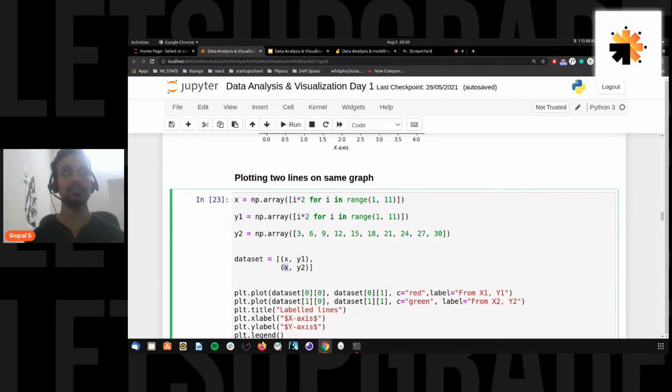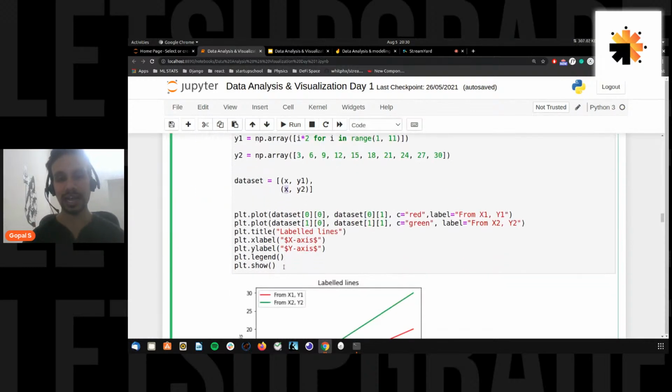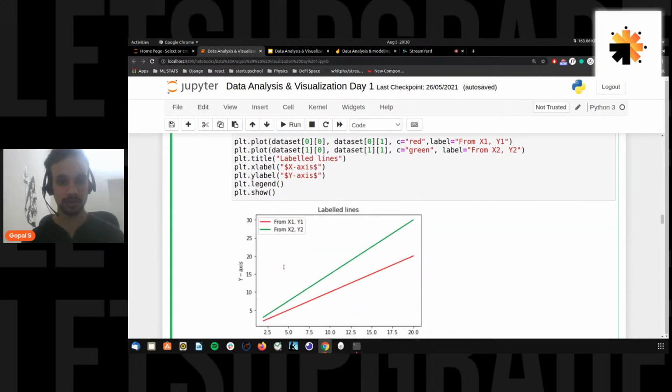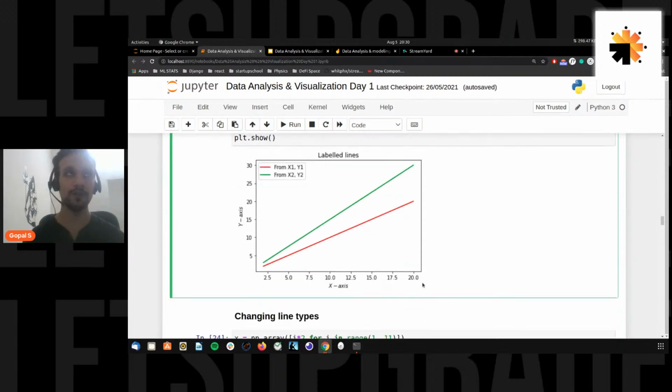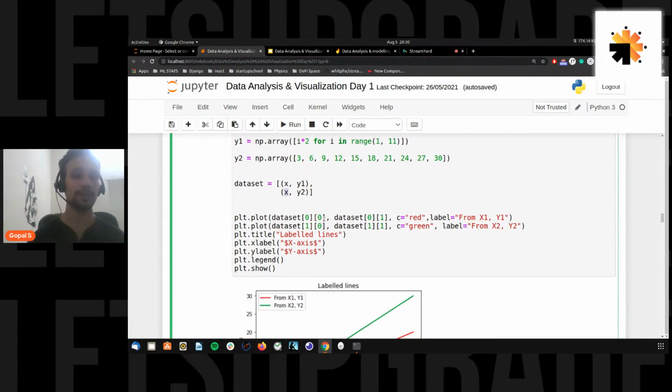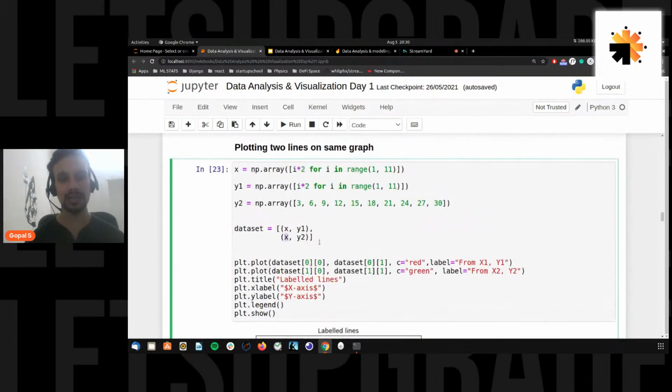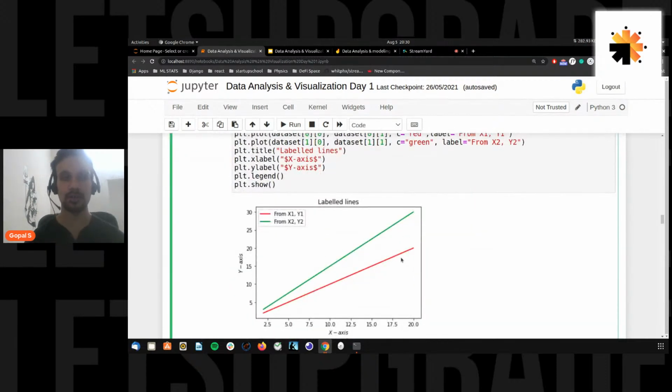For both, x will be the same for y1 and y2. The moment I plot it out, you can see I can now compare two lines based on the same scale. So if you have two entities that you would like to measure on the same scale, that's where you can use this. You can simply plot them on the same x scale and measure the differences or dissimilarities, right?